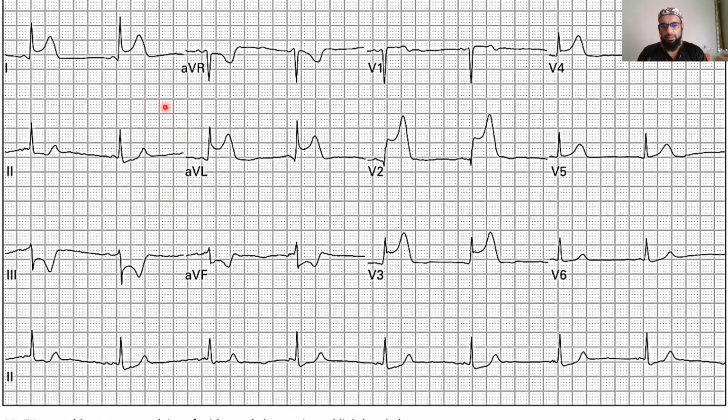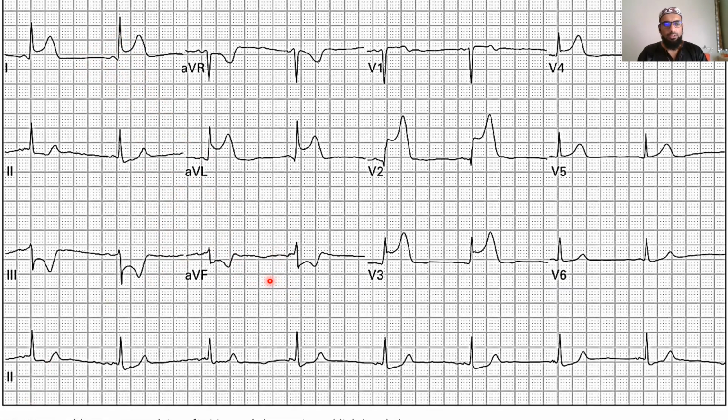So let's first look at the axis. If you remember, we look at lead 1 and we look at lead AVF. In this case, what we have is an upward pointing lead 1, which implies that we've got either a normal axis or a left-sided axis. If we come through to AVF, AVF is predominantly negative.